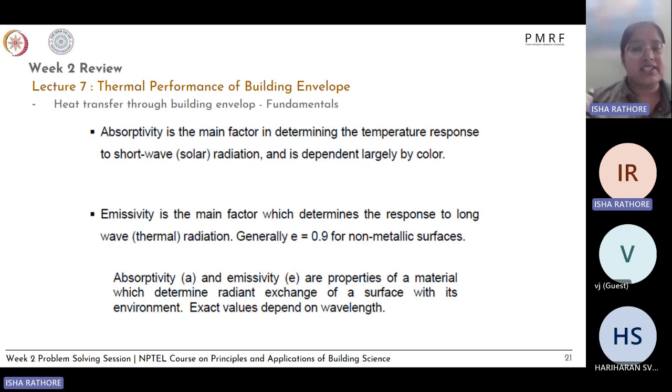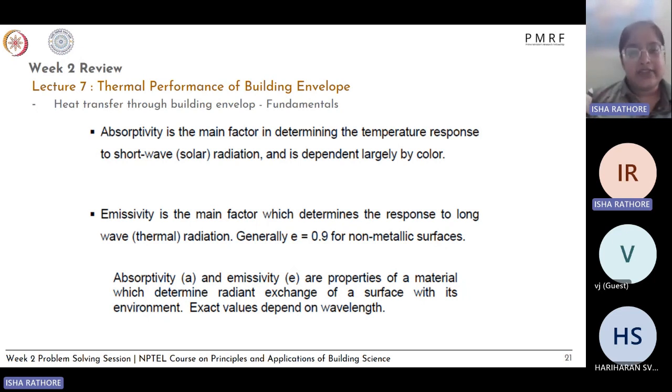Both of these are surface characteristics of the objects or the facades. Absorptivity is the main factor in determining the temperature response to shortwave solar radiation, and this is largely dependent on color. Absorptivity is expressed as a ratio between 0 and 1, and a white body has an absorptivity of close to 0.6. For different colors of walls, we have different absorptivity.